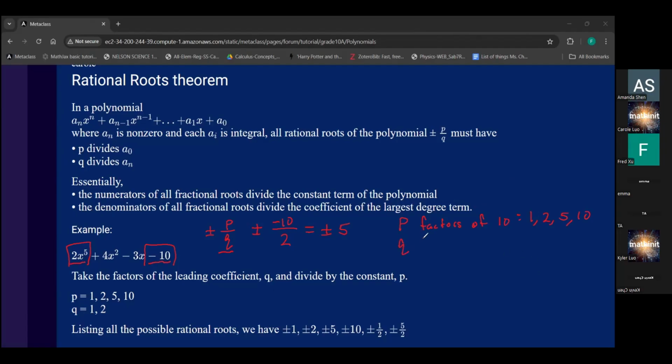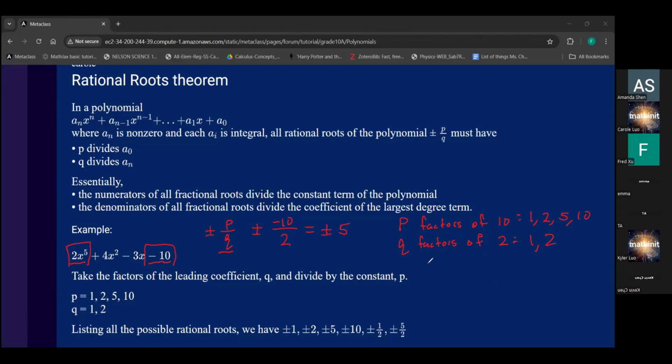And then we have Q is the factors of 2, and 2 is a prime number, so it's just 1 and 2. And basically, you just take all of these and you divide them by all of these, okay, separately.